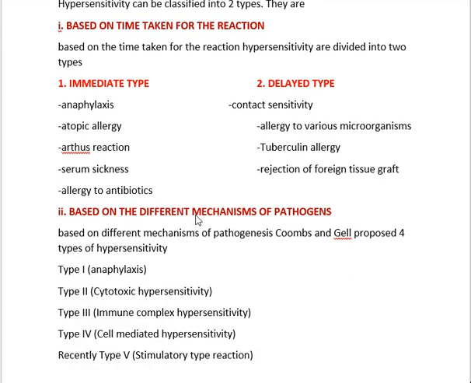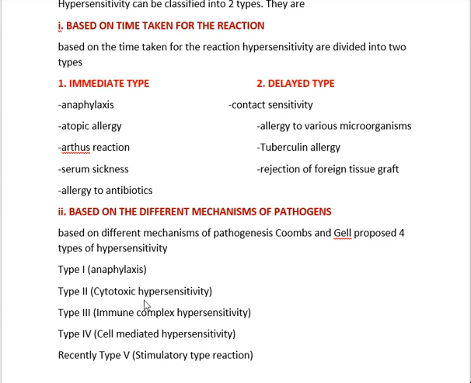Then coming to the classification based on the different mechanisms of pathogens, we have basically four types. Recently, a fifth type was also included. But according to Coombs and Gell, they proposed four types of hypersensitivity: type 1, type 2, type 3, type 4. Type 1 is also called anaphylaxis.